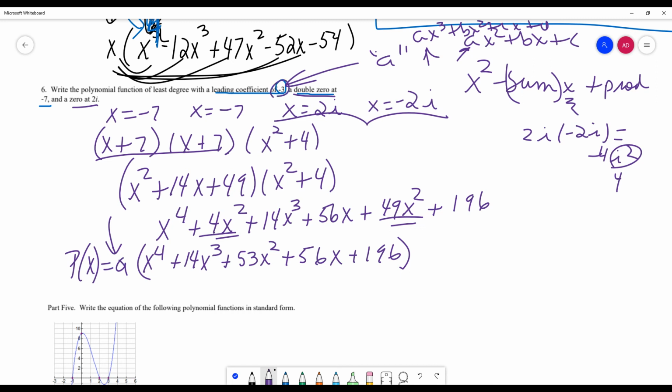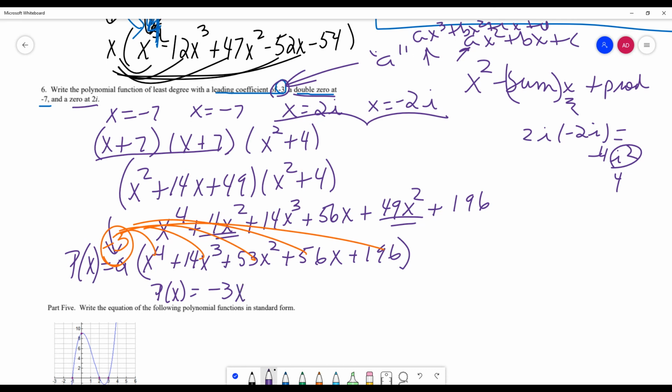But since it's a negative 3, I'm going to just put a negative 3 there and multiply it through, distributing it all the way through. That's how I'm going to get a polynomial with leading coefficient of a negative 3.